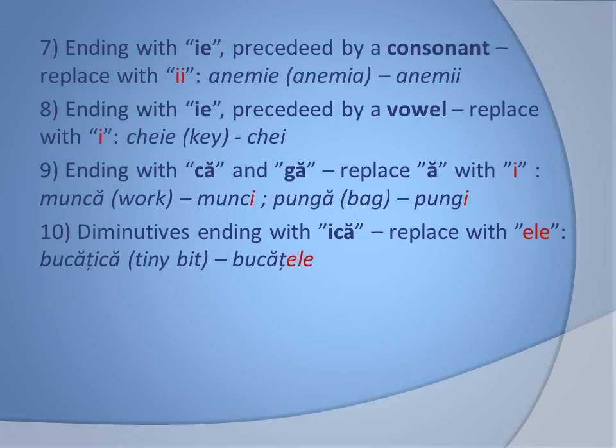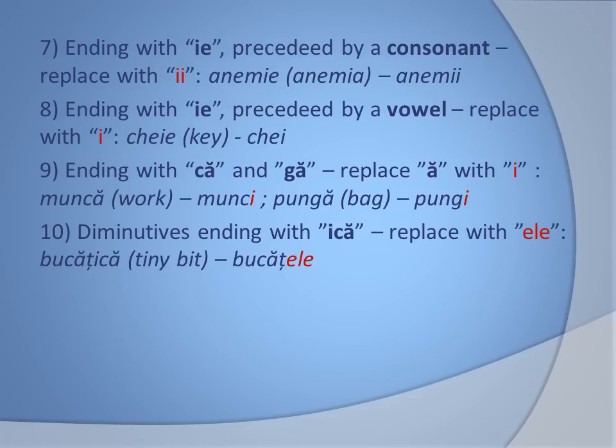For the nouns ending with the group ie, which is preceded by a consonant, you have to replace ie with i, and you have anemie, which becomes anemii.